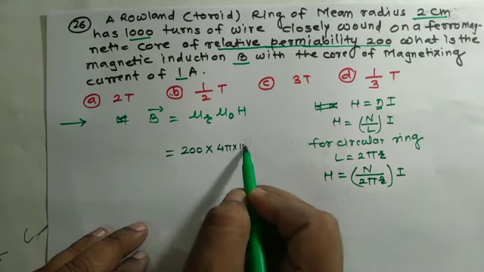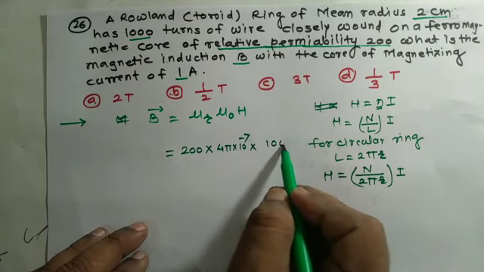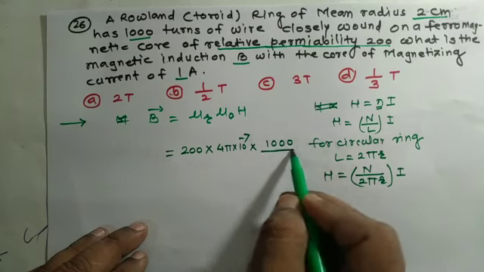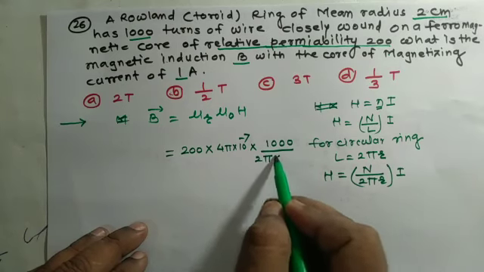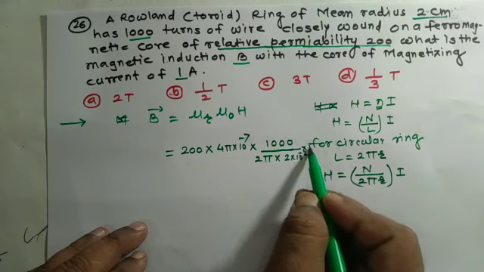So if we substitute the values, relative permeability is 200 multiplied by 4 pi into 10 raised to minus 7 multiplied by N, that is 1000, divided by 2 pi into 2 into 10 raised to minus 1 multiplied by 1.